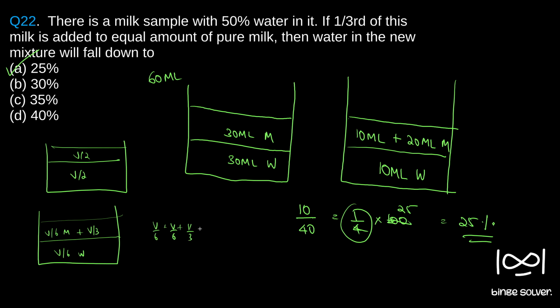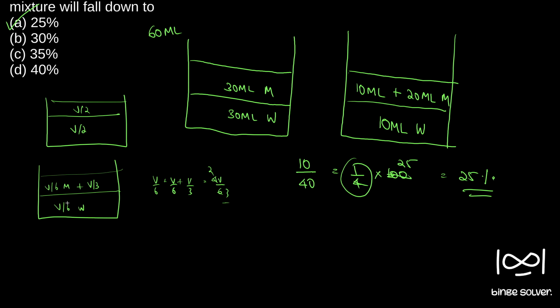This becomes 2V, 3V, 4V by 6, or 2V by 3. We get 2V by 3 as the total volume, and V by 6 is the water content.